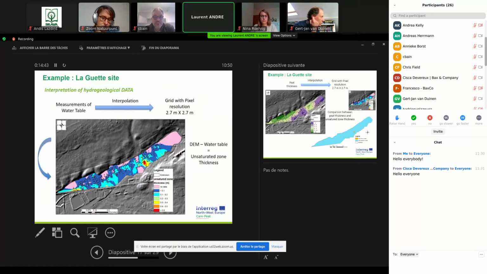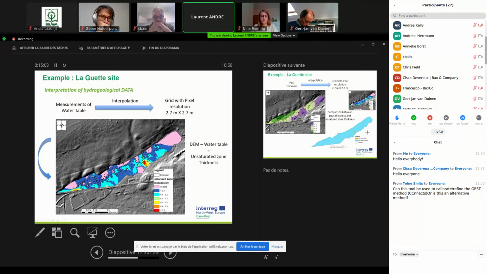Of course, we include in this data the water table. It is one of the main parameters. So here we have the chance to have a campaign of measurements where many measurements have been done.